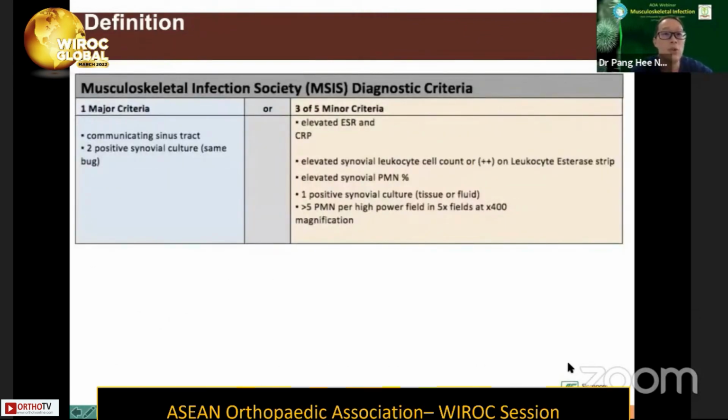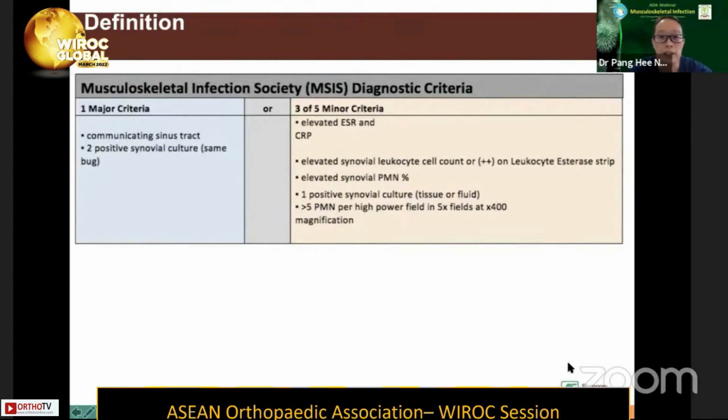So this is the criteria, the Musculoskeletal Infection Society diagnostic criteria for prosthetic joint infection. Major criteria are a communicating sinus tract or 2 positive synovial cultures. Right? Any one of these with 3 of the 5 minor criteria would suggest PJI, prosthetic joint infection.